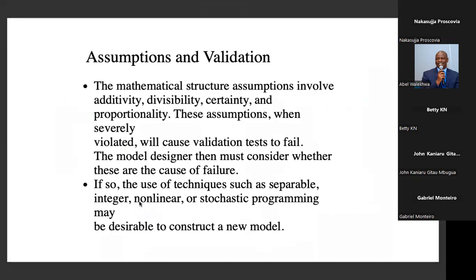If so, the use of techniques such as separable, integer, nonlinear, stochastic programming may be desirable to construct a new model. We have had cases where you need to go back to literature and reconstruct the model, because the model you have doesn't really conform to literature.